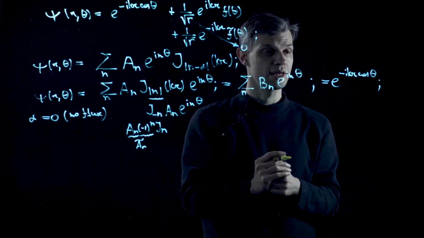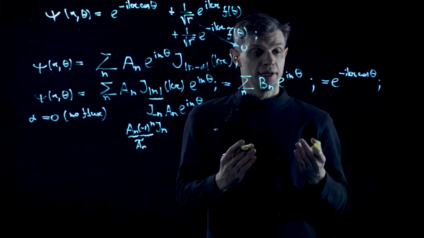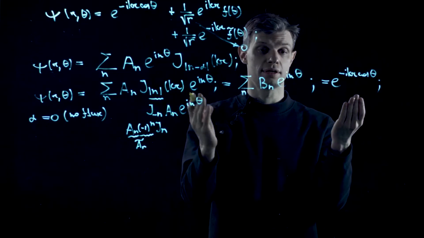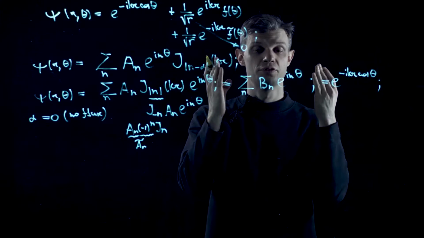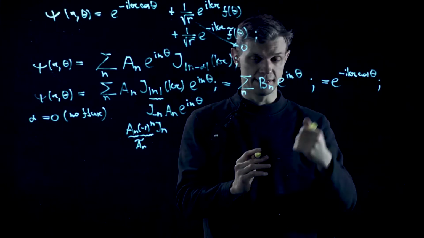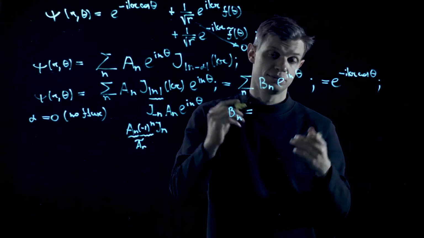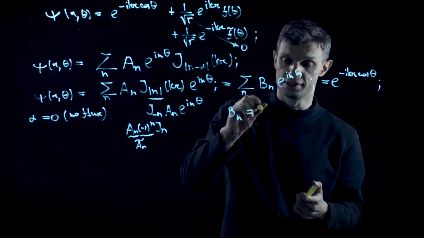So now let's find out these B n coefficients. Once you have a look at this, you clearly see that it is a simple Fourier expansion of this function on the right-hand side, and B n are just trivial Fourier coefficients.